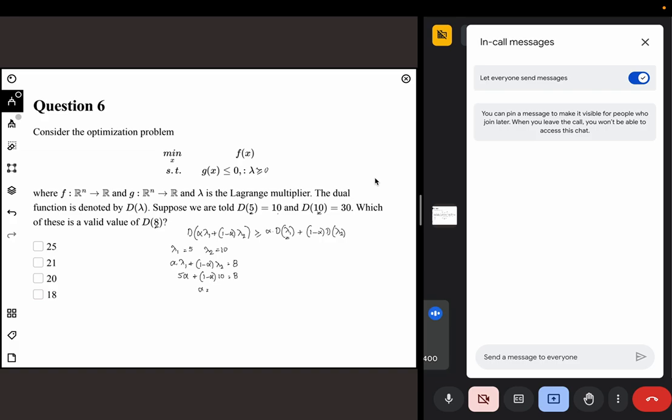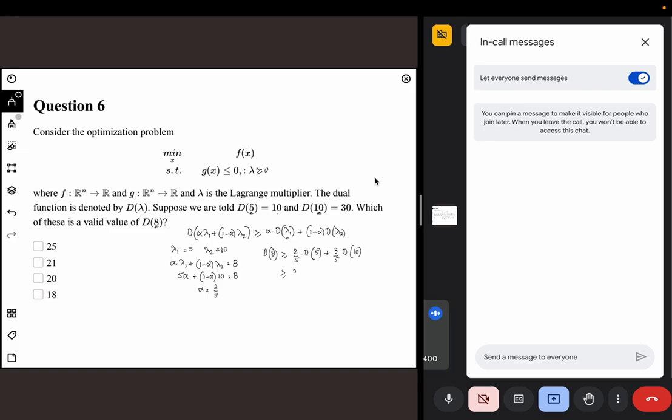So this will give me 2 by 5. Once I know the value of alpha, I can directly substitute. So d of 8 should be greater than or equal to alpha, which is 2 by 5, times d of 5, plus 1 minus alpha times d of 10.